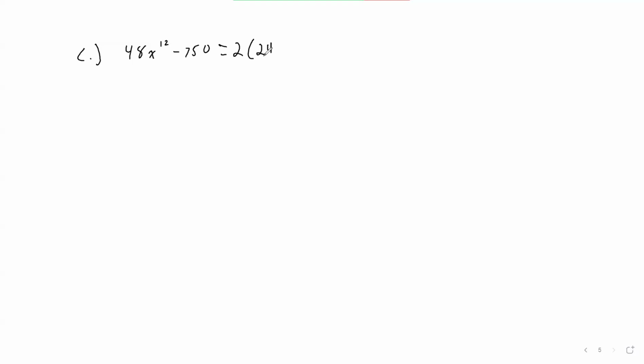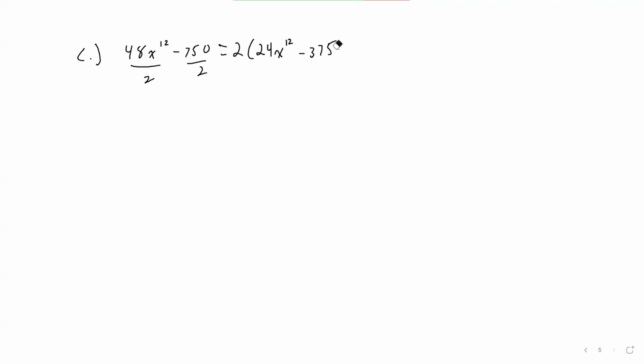So that'd be 24 because I divide them all by 2. So this would be 24x to the 12th minus 750 would be 375. Well, maybe it's 6. Does 6 go into this? Oh, it does.